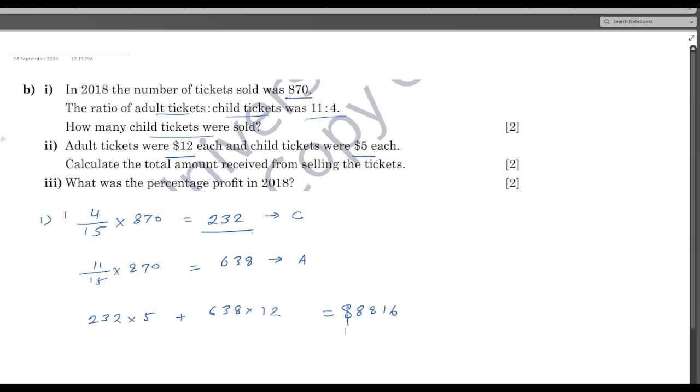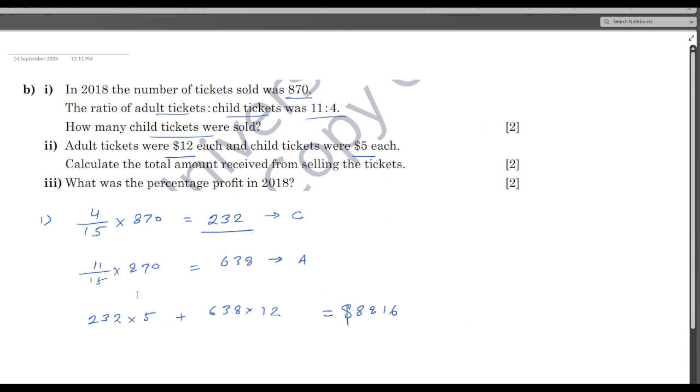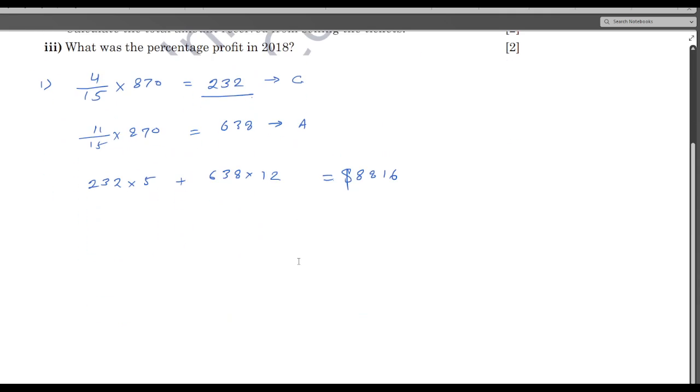So in 2018, a total of 8816 is received, and the cost is 2500. It's a huge profit. So for the third part, this is your second part.